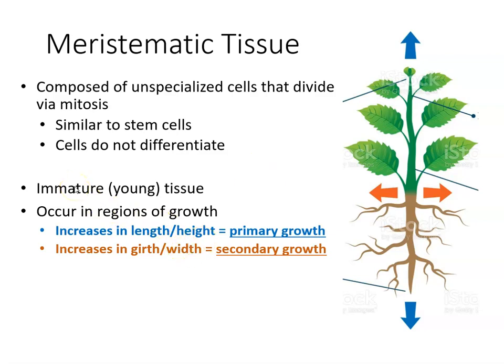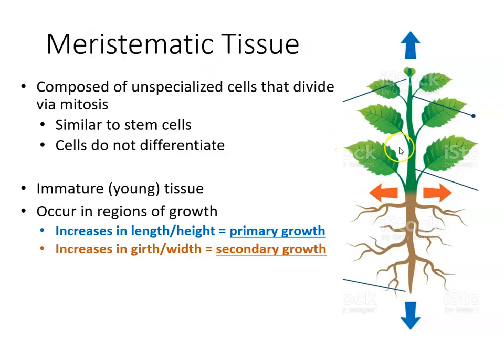This type of tissue is found usually in the young, immature tissue, not in the mature, older growth parts of the plant. And it's going to be focused in regions of active growth, areas that are accounting for increases in length and height, or areas that are accounting for increases in girth or width.